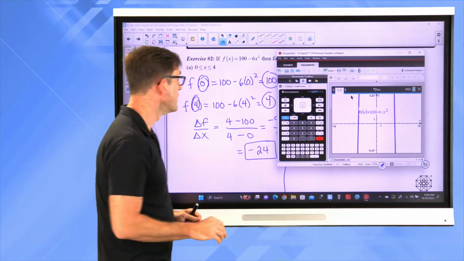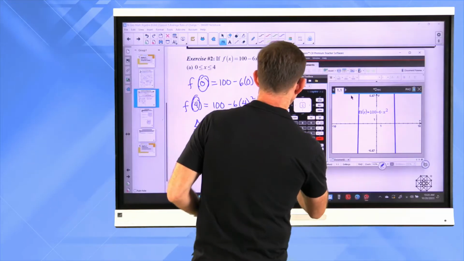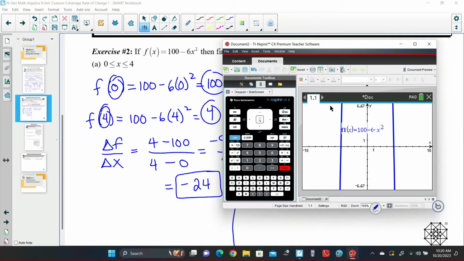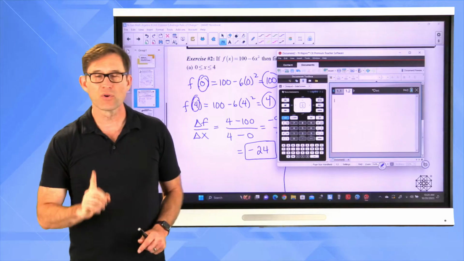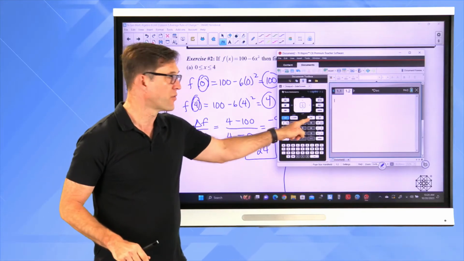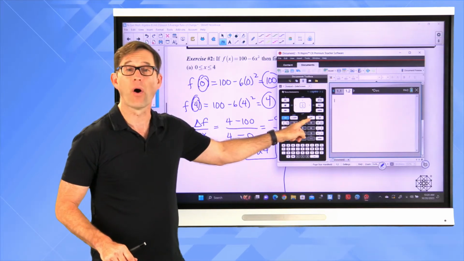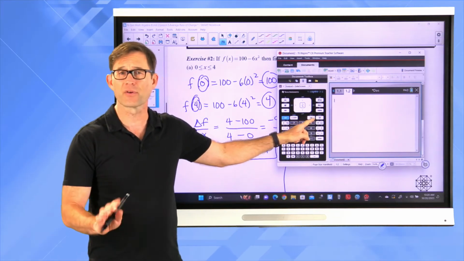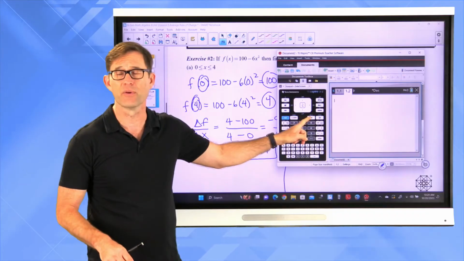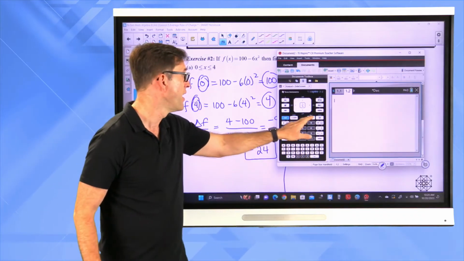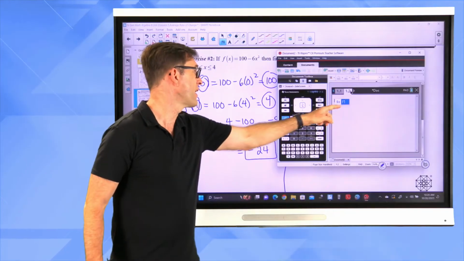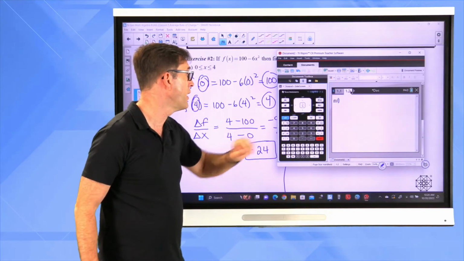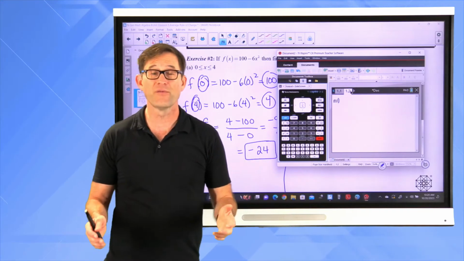The cool thing is, now if I go back and add a page, and I add my calculator, there's a little button right here on the calculator that says var. You'll find this on other calculators, including the TI-83 Plus, the TI-84, etc. If I hit var, notice it actually has f of x and f1. I actually want f1. That was the function I just put in.